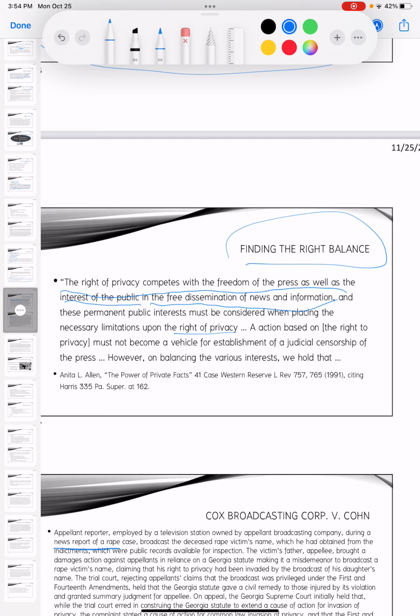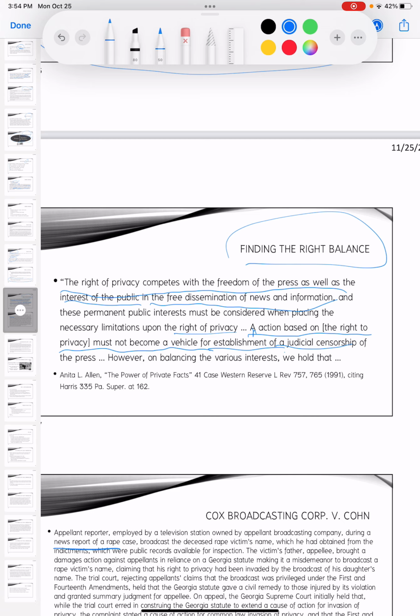And if we're going to limit the freedom of the press because of the right to privacy, be careful, because an action based on the right to privacy must not become just a vehicle for the establishment of judicial censorship. However, balancing the interests is pretty tough. So this is the quote that would remind judges to be aware and to be more careful.